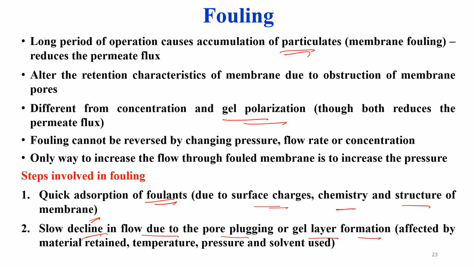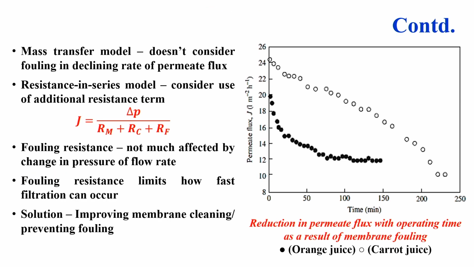Further, this fouling cannot be reversed by changing the pressure, flow rate or the concentration, because it is affecting the membrane property itself. The only way to increase the flow rate through the fouled membrane is to increase the driving force, or delta P you have to increase if you want to increase the J. So, considering this, there is a fouling factor.